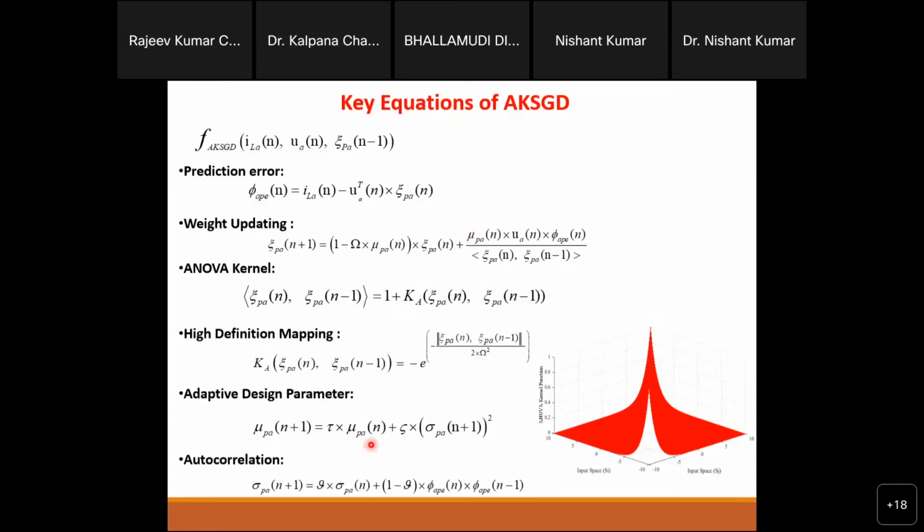Then we will calculate the updated weight, and that will be used for the final update. So this is the key structure here, and this is the mapping space for the ANOVA kernel.